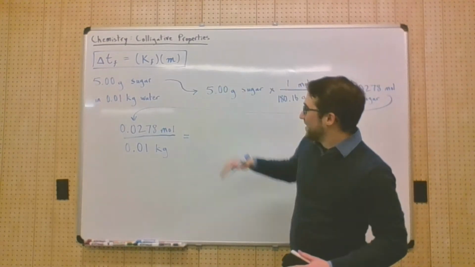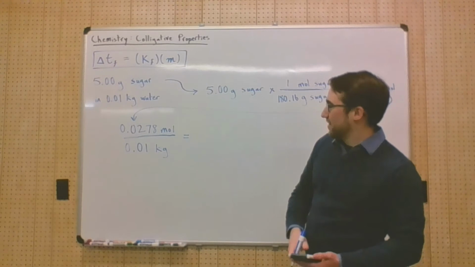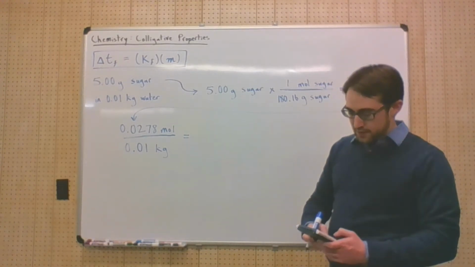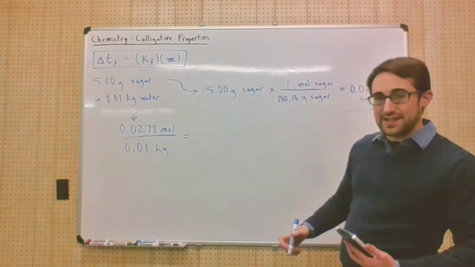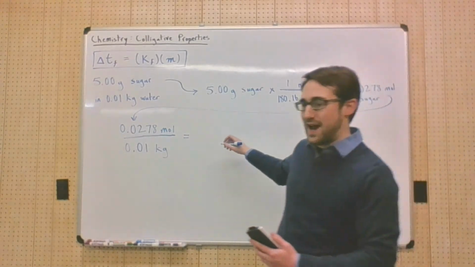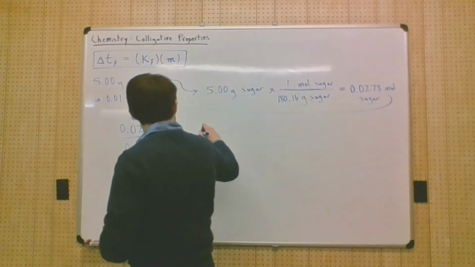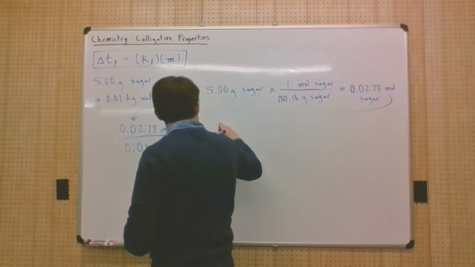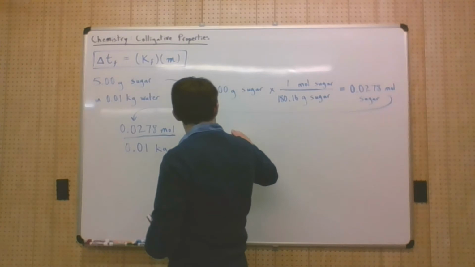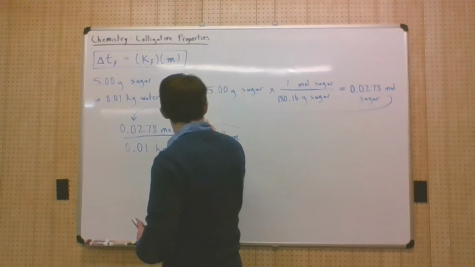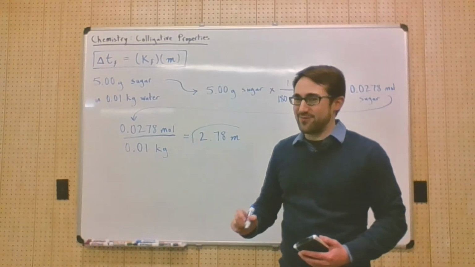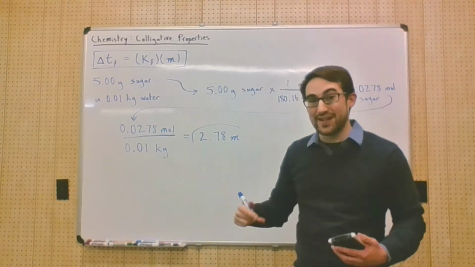So last time I checked, 0.0278 divided by 0.01 is going to be 2.78 molal concentration. Okay, well, I was about to circle that, but we're also still not quite done yet. There's a lot to do here.